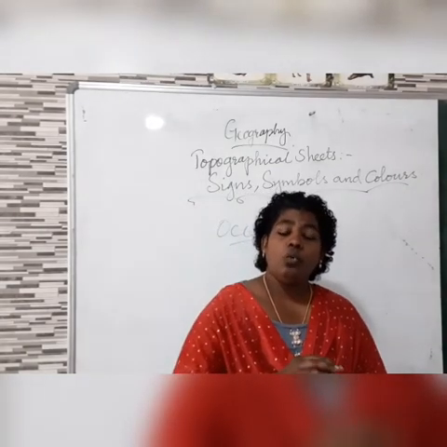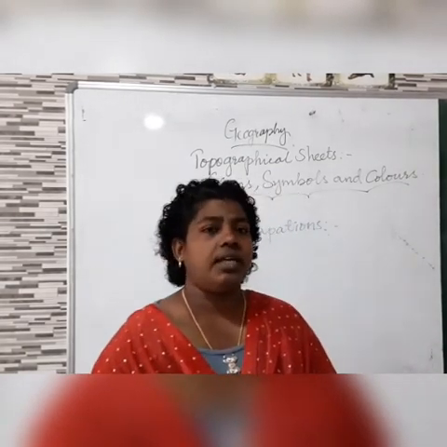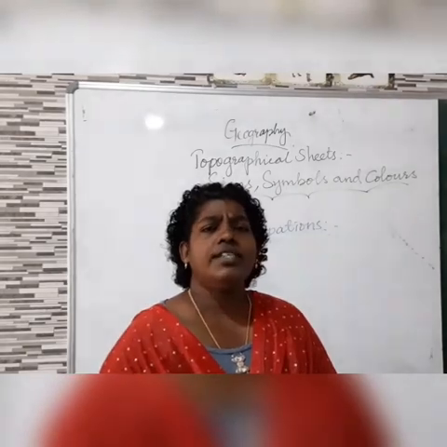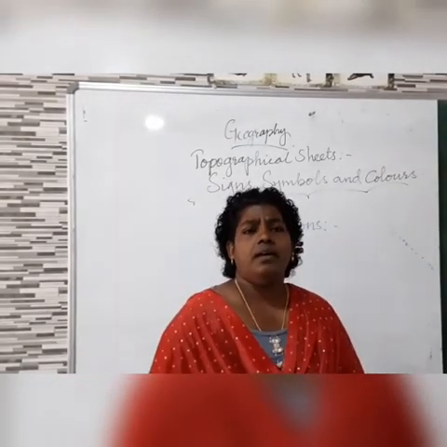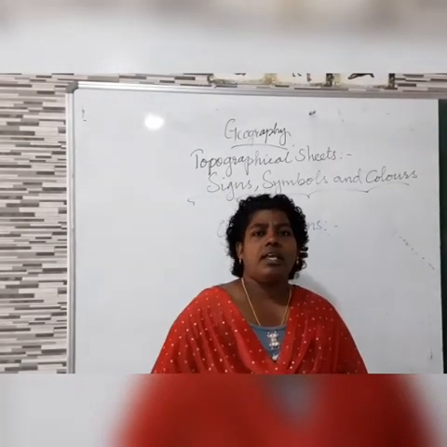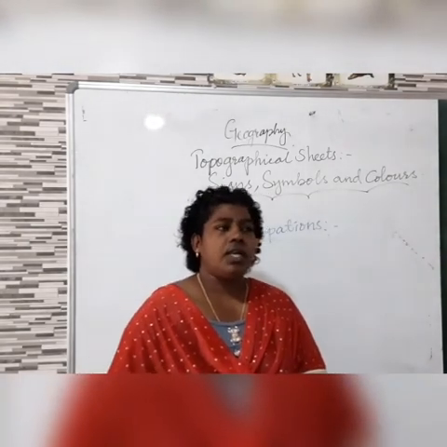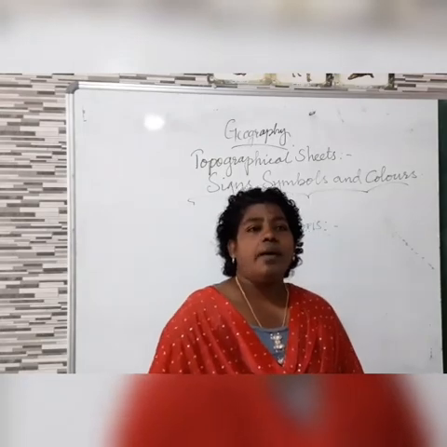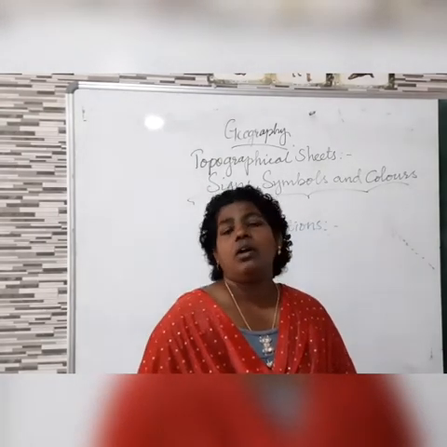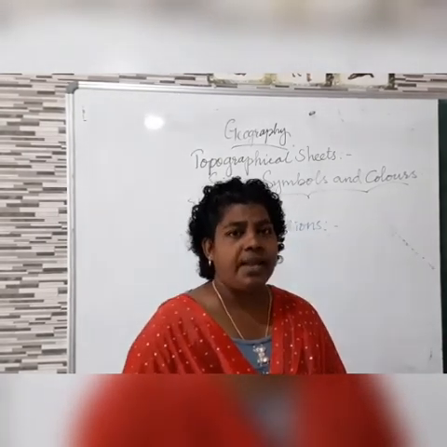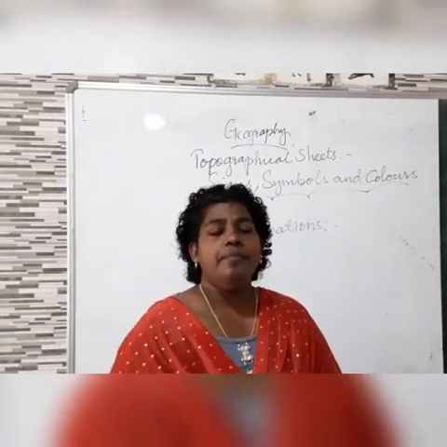What type of crops can be cultivated in the plain region? All types of crops. There are two types of crops, isn't it? One is kharif crops and another one is rabi crops. The crops which need more water supply can be cultivated in the plain area.